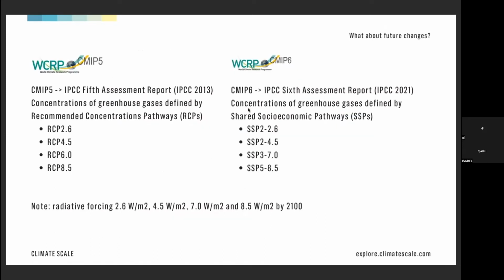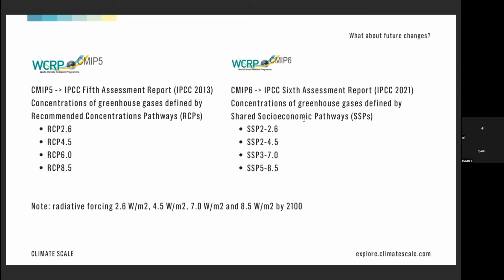So when you are going to start navigating with all this data, you are going to come across these emission scenarios that have these names, RCP, representative concentration pathways, for the project CMIP5, and a more complicated name, shared socioeconomic pathways, because in CMIP6 it is more than just emissions, it is the way that we are gonna run the mitigation globally.